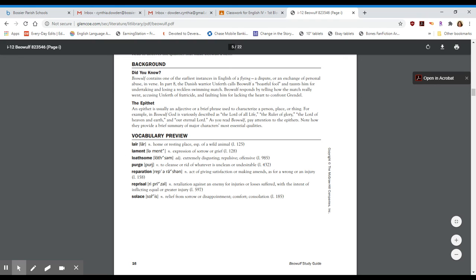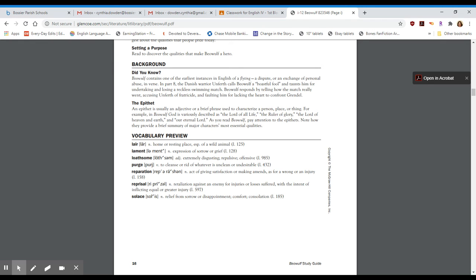You have the word lair, which is a home or resting place. A lot of times we think of lair as with a superhero, a villain's lair, a superhero's lair. You have the word lament, an expression of sorrow or grief. The word loathsome basically means something you hate. Extremely disgusting, repulsive, something you absolutely hate and or cannot stand.